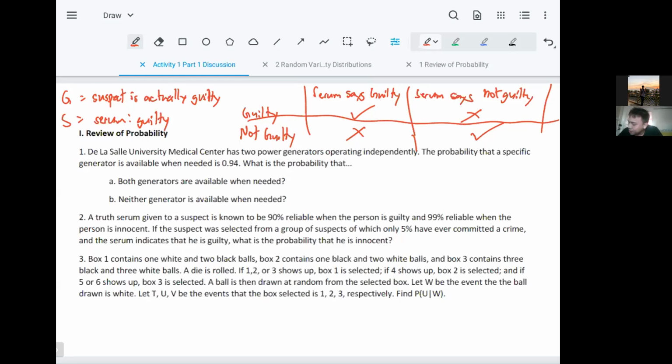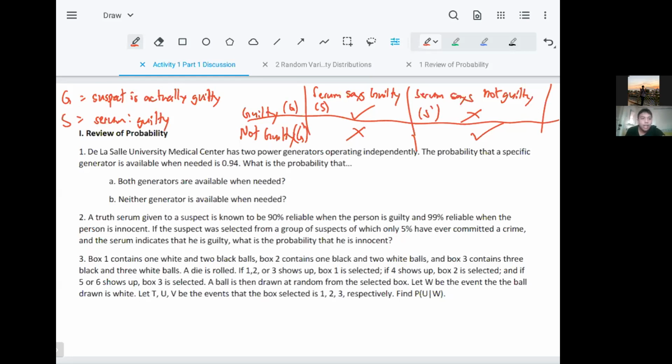So kapag ni-represent natin tong 4 na to, ito ay G, ito ay G prime, di ba? G complement. Yun lang naman ang ibig sabihin ng G complement, not G. Tapos ito ay S, not S. So yun, 2 letters lang yung kailangan para hindi rin siya ganun ka nakakahilo.